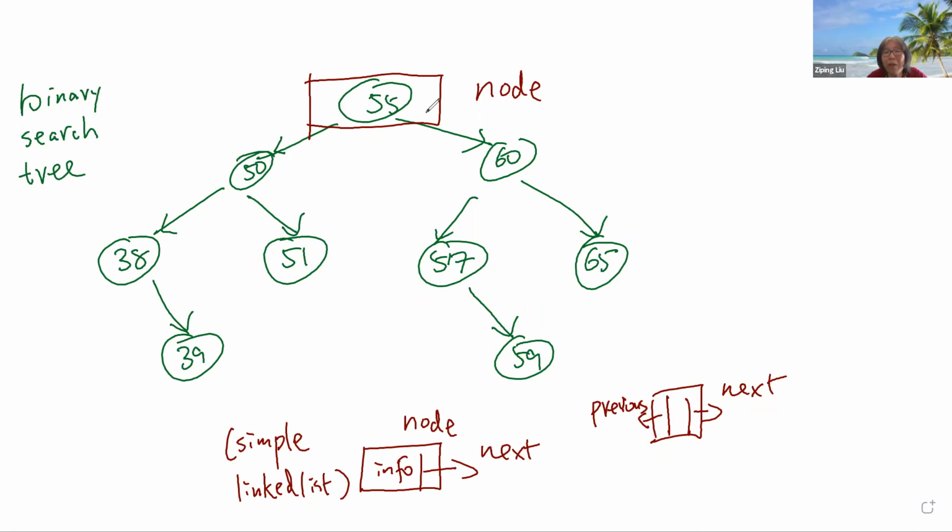And if you take another look, you can also find this node, 55, is at the very top. It doesn't have any incoming arc, and we call the arrow an arc.